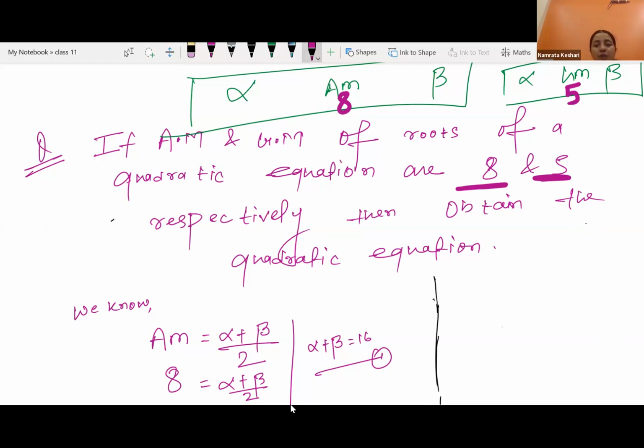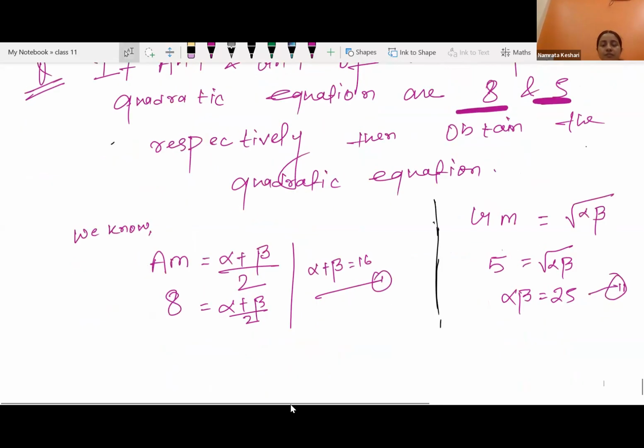Geometric mean formula is under root alpha beta. Yes or no? Geometric mean is given to us as 5, that is root alpha beta. That means alpha beta is 5 square, that means 25. Can you see equation number 2?